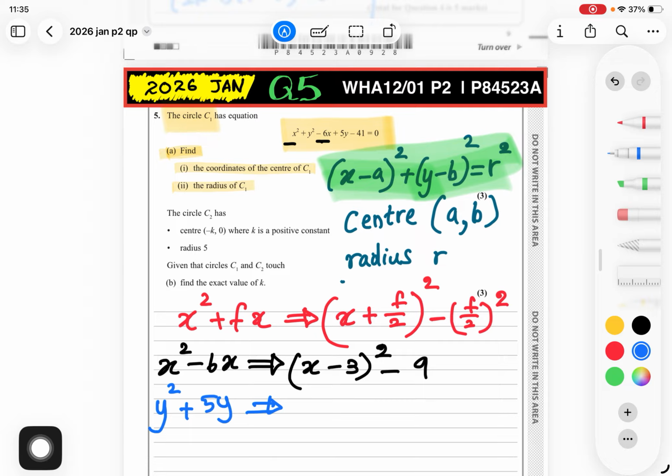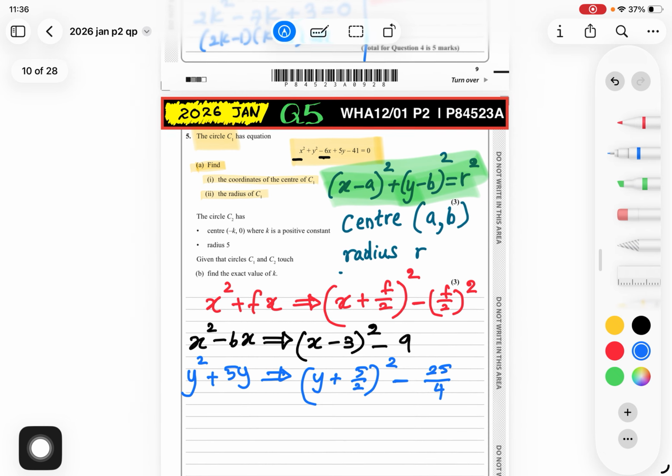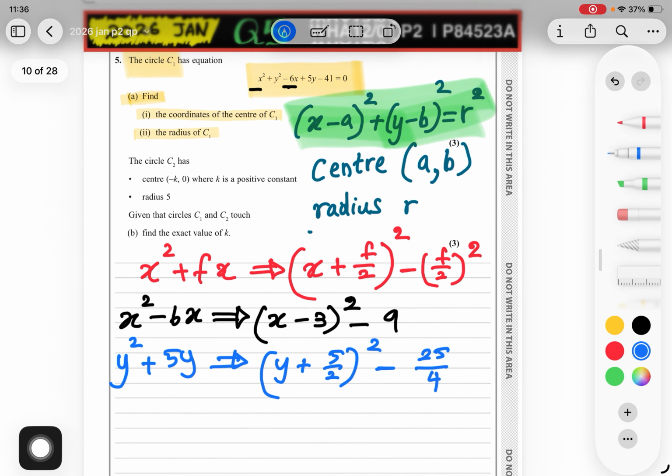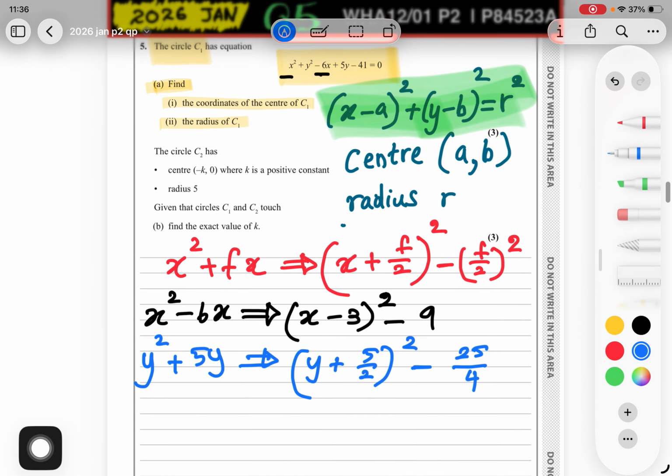So we get (y + 5/2)² minus (5/2)², which is 25/4. Okay, we have that. So let's substitute our findings in the main equation.